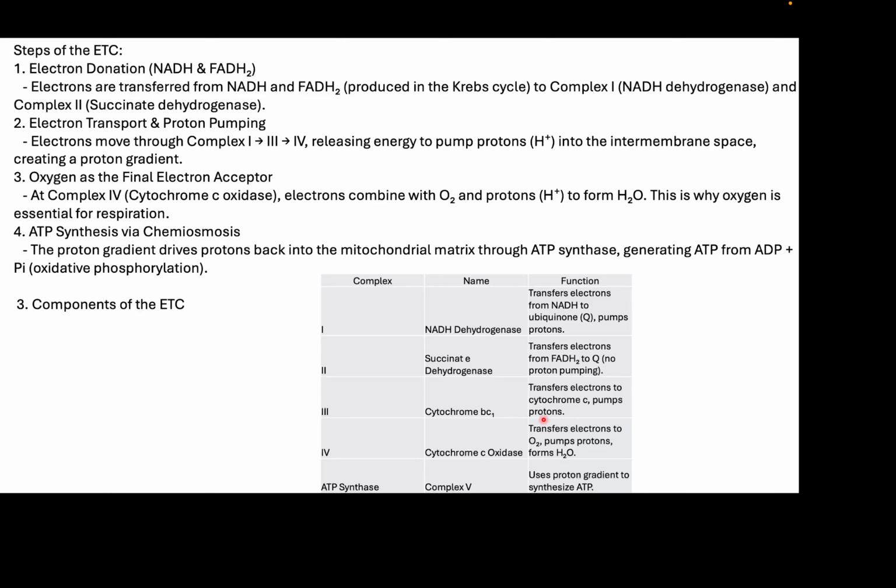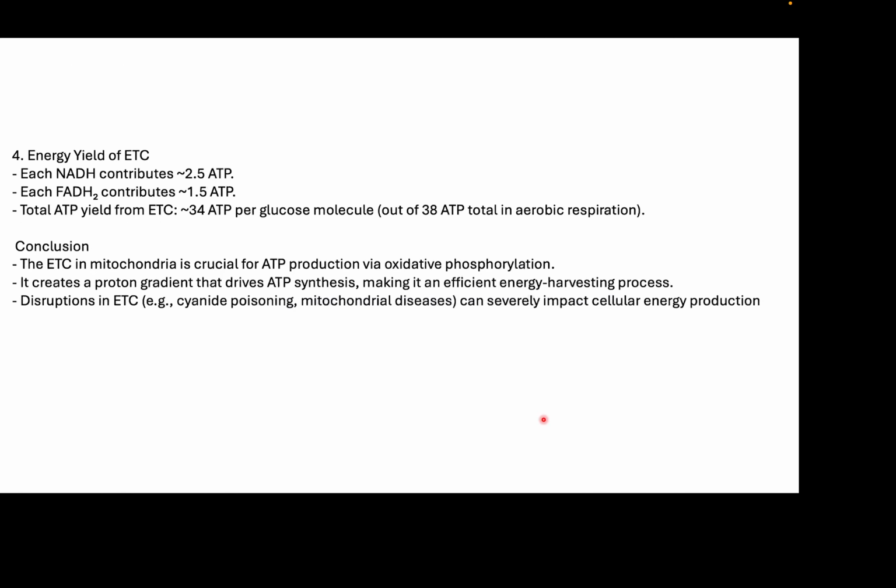The first complex is named NADH dehydrogenase. The second complex is called succinate dehydrogenase. The third complex is called cytochrome b and c1. Complex 4 is called cytochrome c oxidase. And complex 5 is ATP synthase. Then each NADH contributes 2.5 ATP while FADH2 contributes 1.5 ATP.